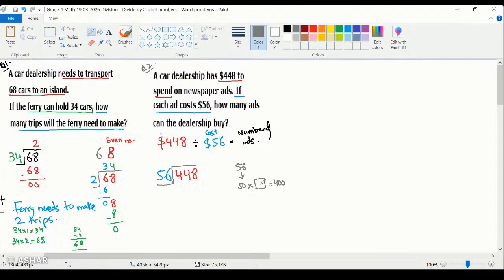So 5 times 8, agreed? 50 multiplied by 8 would be 400. So let's see what is 56 multiplied by 8. 6 times 8 is 48, and 8 times 5 is 40, and this is a greater number, so we cannot use this.